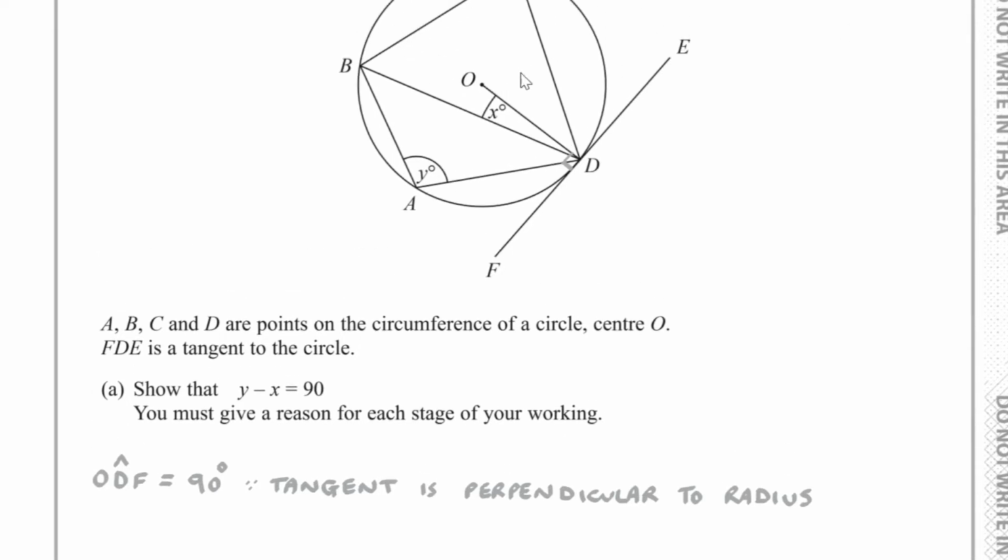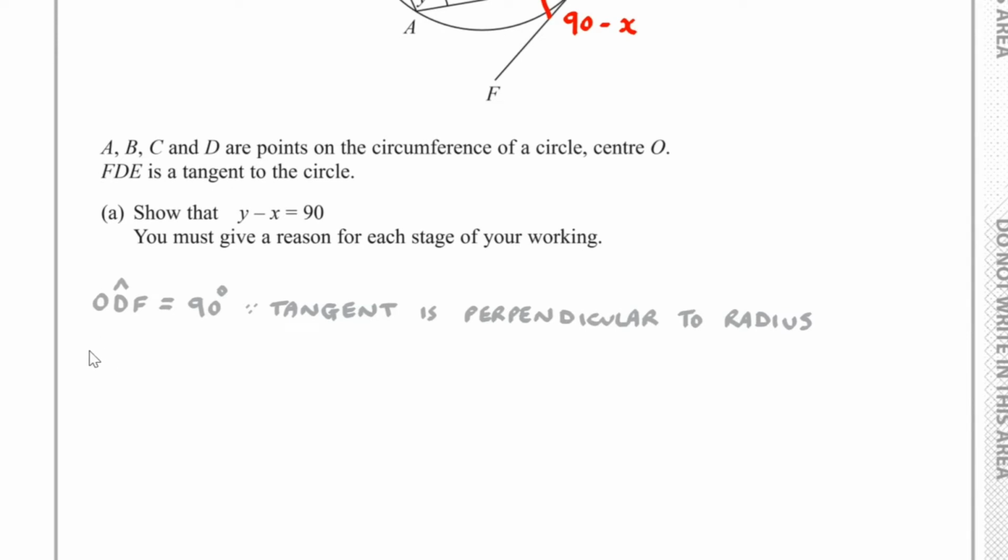And because this angle here is x, that means here this angle will be 90, which is this 90 here, subtract x. So therefore, the angle BDF is equal to 90 minus x.